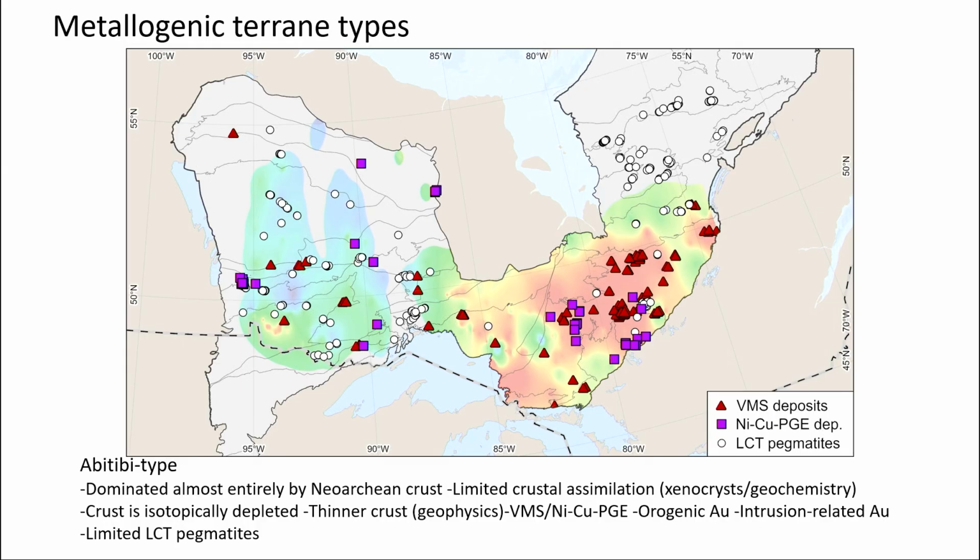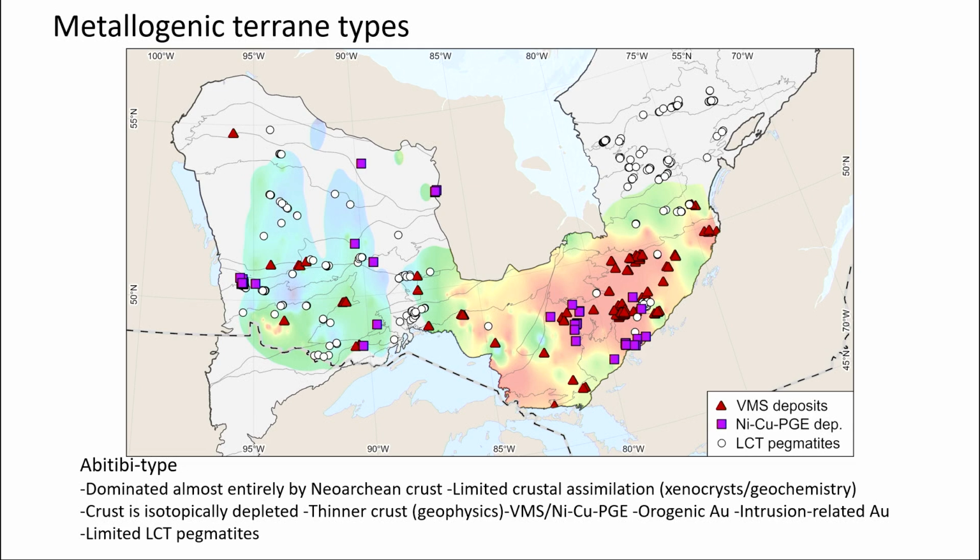So in order to interpret all this data, I've come up with a new way to look at it. I've put lipstick on a pig, I guess you could say. But I've come up with this idea of metallogenic terrain types, which fall on a continuum. On one hand, you have Abitibi type, which are dominated almost entirely by Neo-Archean crust.